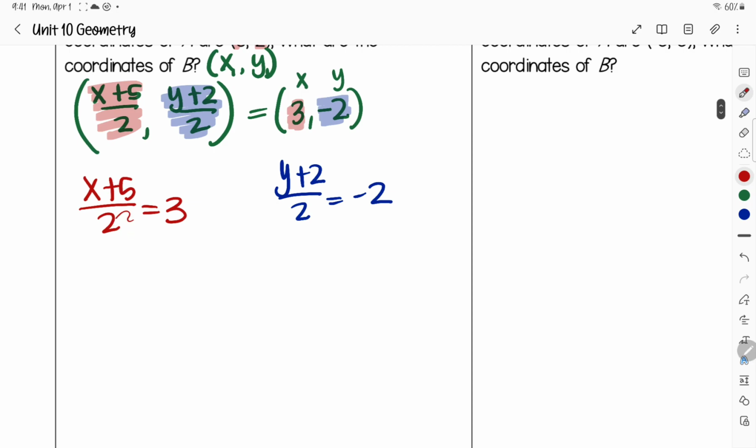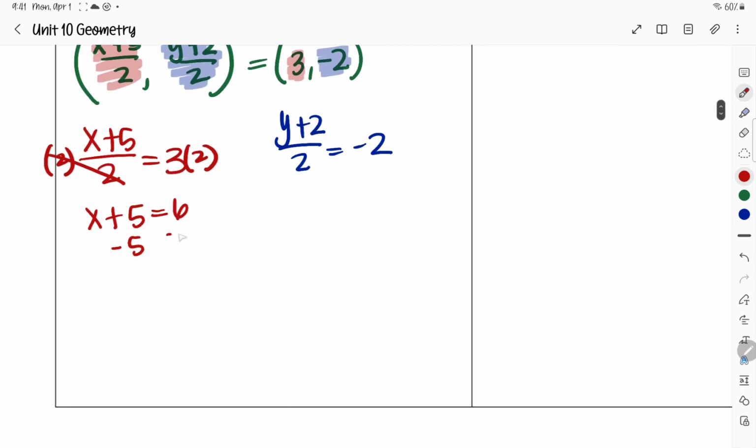First I have to get rid of this 2. It's dividing, so I multiply both sides by 2. Those cancel. x plus 5 equals 6. Subtract 5 from both sides and x equals 1.